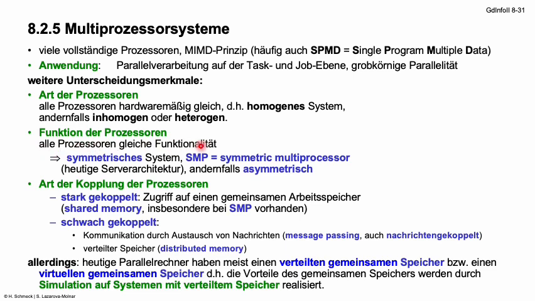If all processors have the same functionality, then we talk about a symmetrical system, and when we talk about a multiprocessor system, a symmetric multiprocessor. This is, as we mentioned before, today's server architecture. Otherwise, we talk about asymmetrical systems.